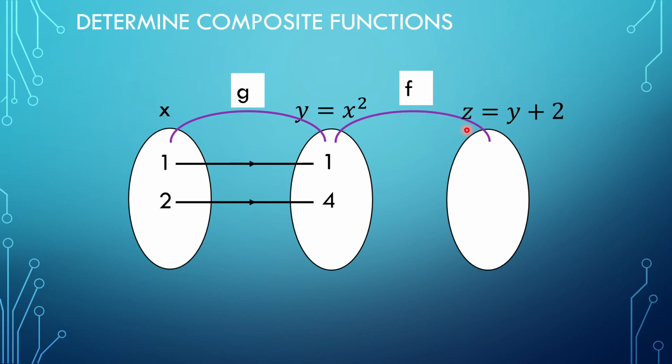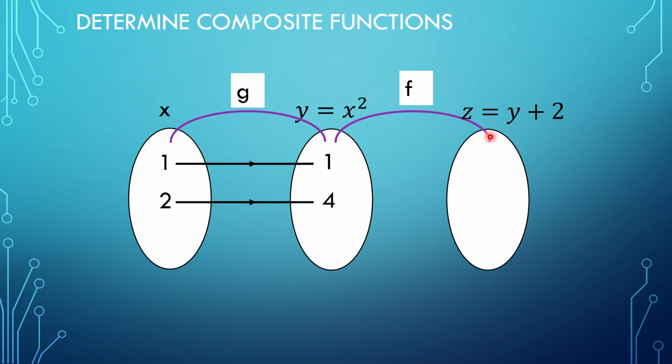Let's say for example we have function f, where f maps y to z. Now the function y just now equals x square. Here the image z equals y plus 2 because we are mapping from y to z. So z is y plus 2.